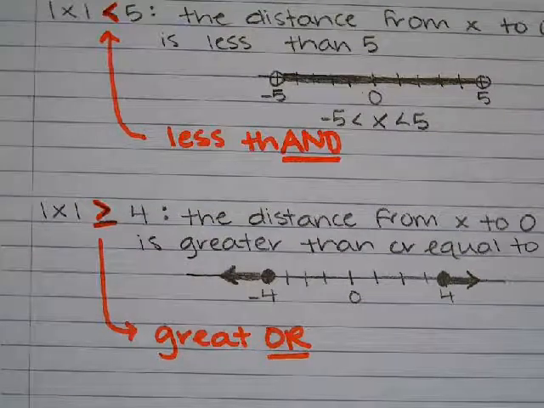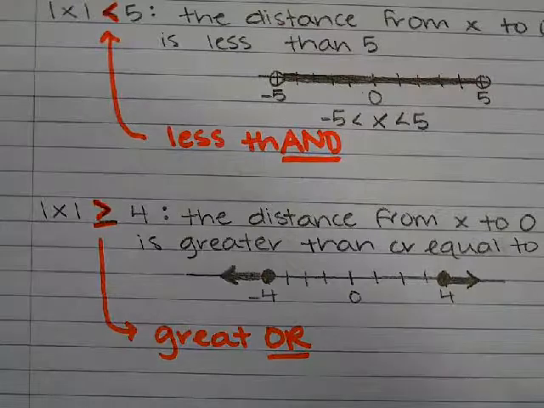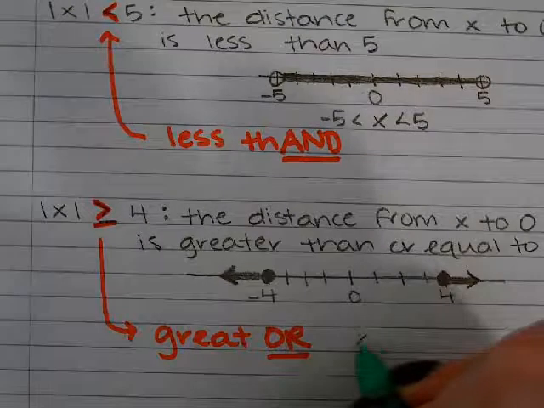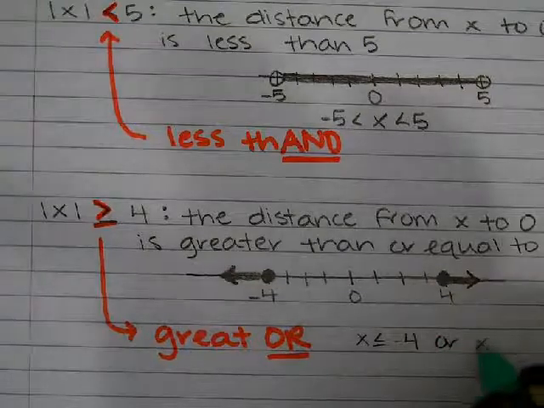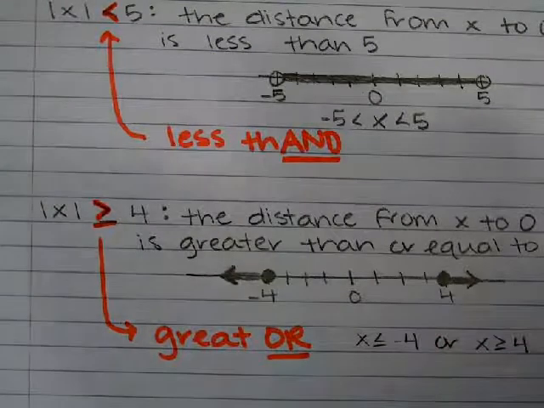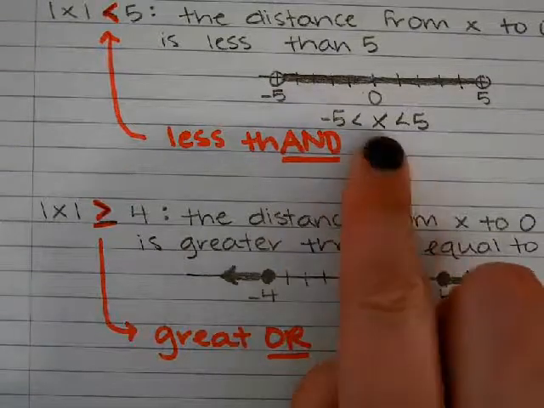X is less than or equal to -4, or x is greater than or equal to 4. So if you have a less than symbol, it's between one number and the other. If you have a greater, it's less than or greater than.